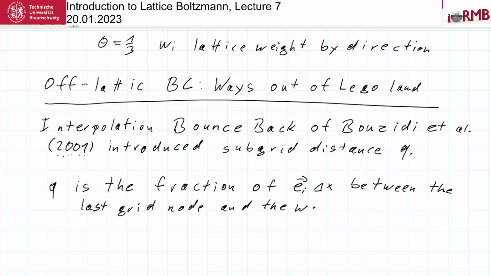So obviously Q is always between 0 and 1. Even for a direction that goes diagonal, where the length of this link is square root 2, the Q that's specifying it, because it specifies the fraction of this length, is always between 0 and 1. So don't mess this up.